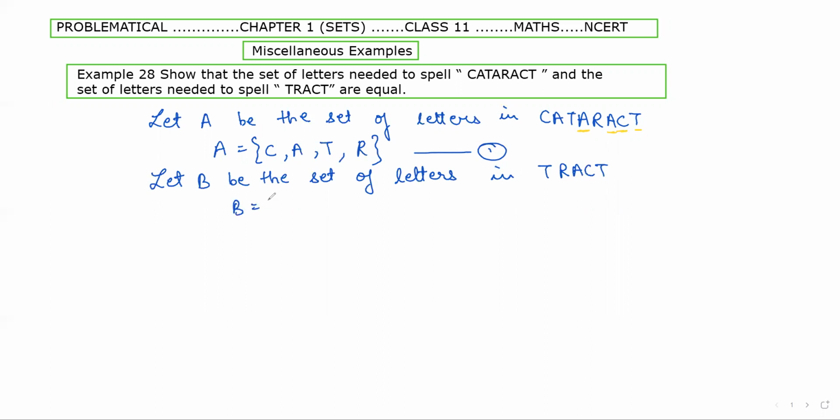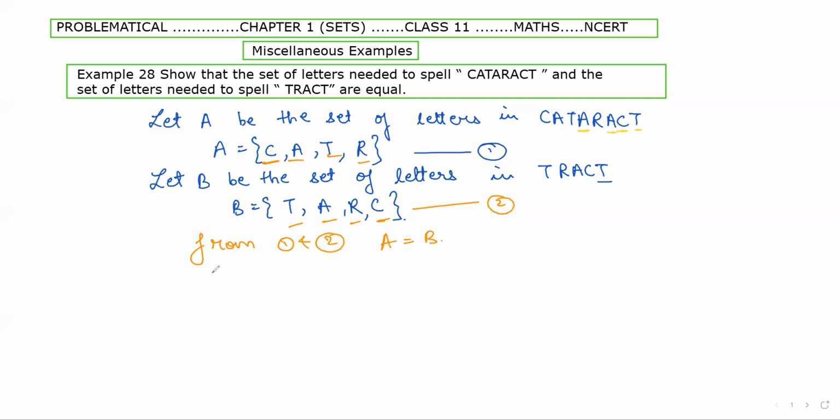Therefore, B will be equal to, again T is repeated, we'll write it only once, T, R, A, C, or T, A, R, C. Here, as you can see, these letters are same, C, A, T, R, and both A and B have 4 elements each. So from 1 and 2, set A is equal to set B.